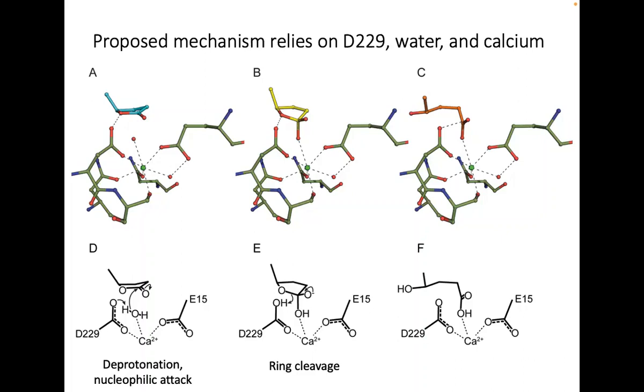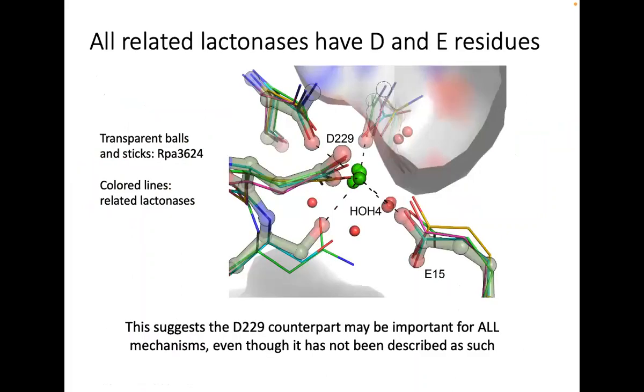Or what was interesting that I looked at is when we align the structures of these different lactonases from different domains of life, when we align the active sites, all of these different lactonase enzymes have that aspartate and glutamate residue arranged in the same orientation around the calcium.